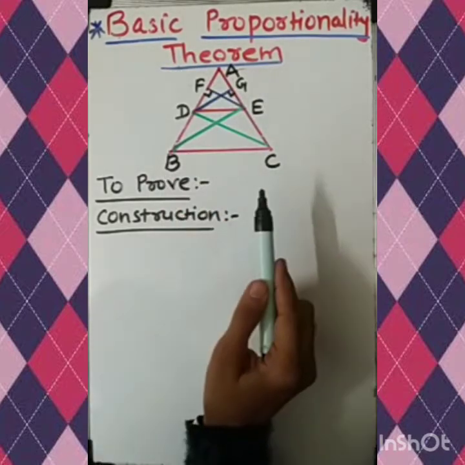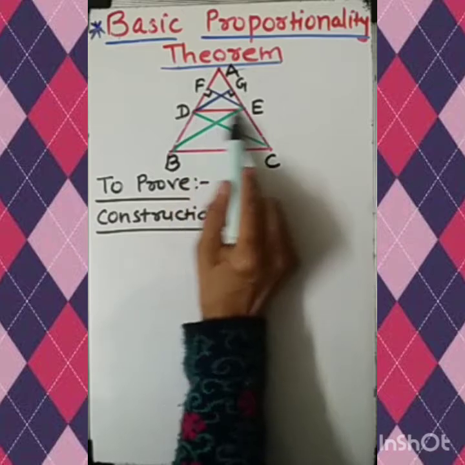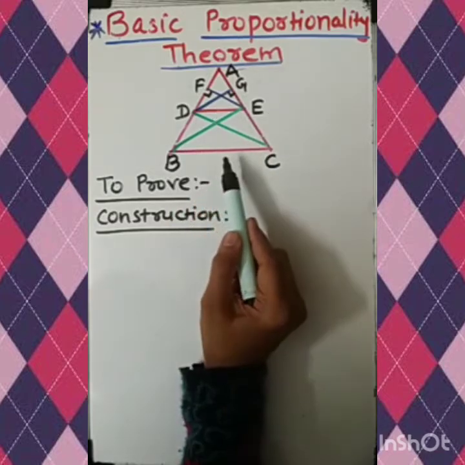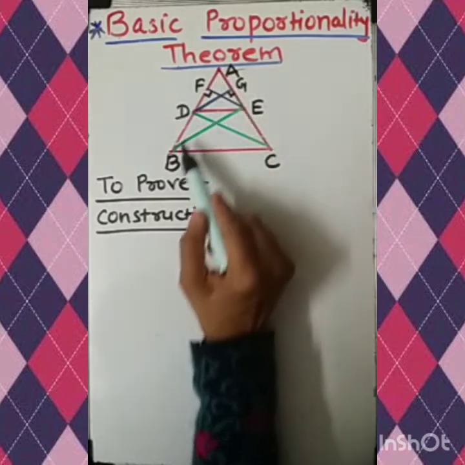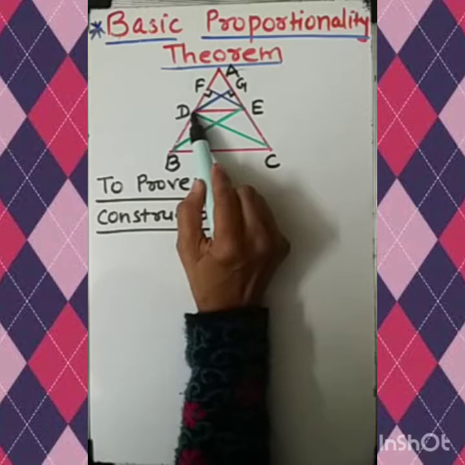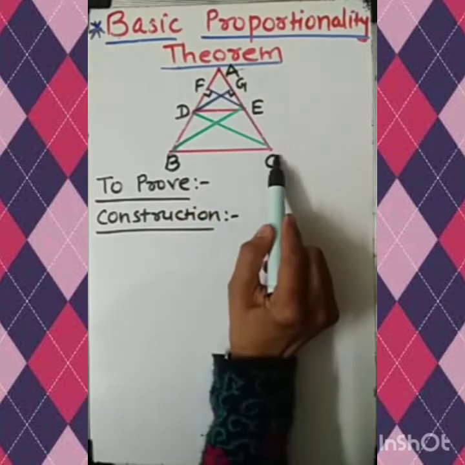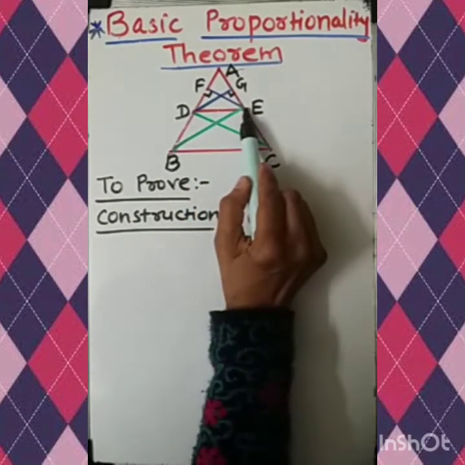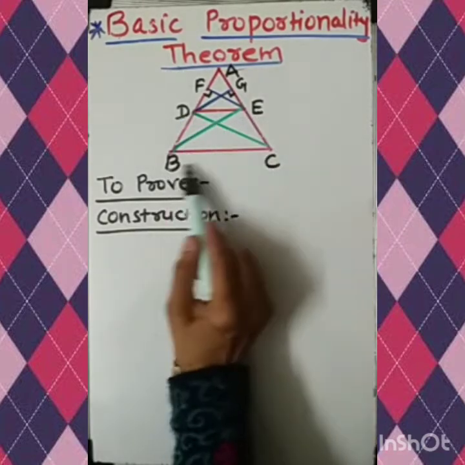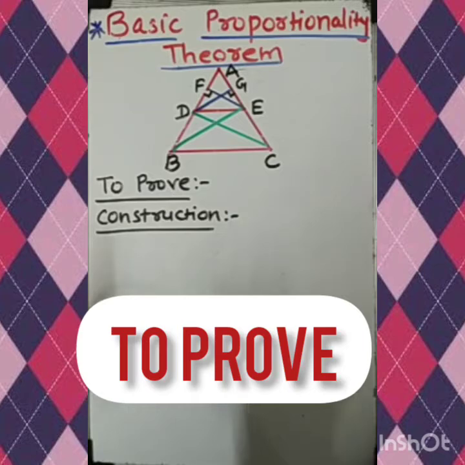You can see DE is parallel to BC, and it intersects AB at point D and AC at point E. That we have already mentioned.